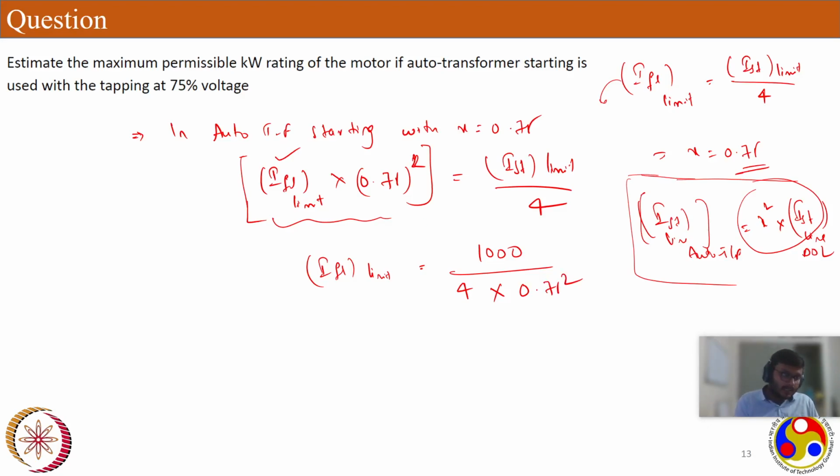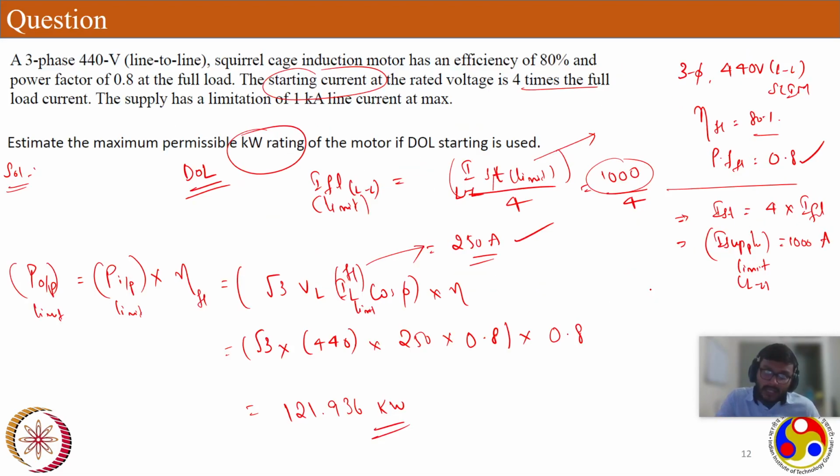So how much is this? 1000 divided by 4 multiplied by 0.75 square. It is 444.44 amps.